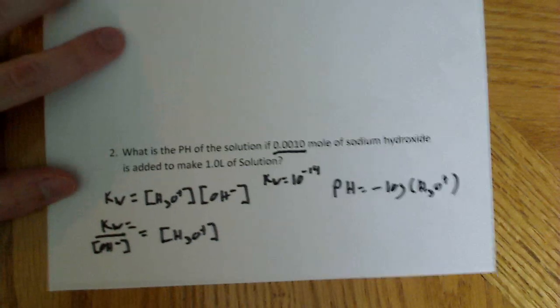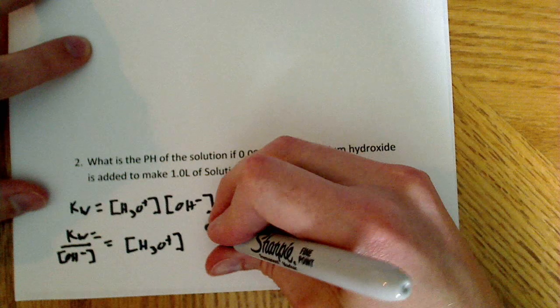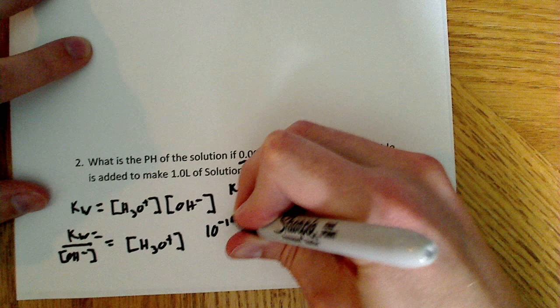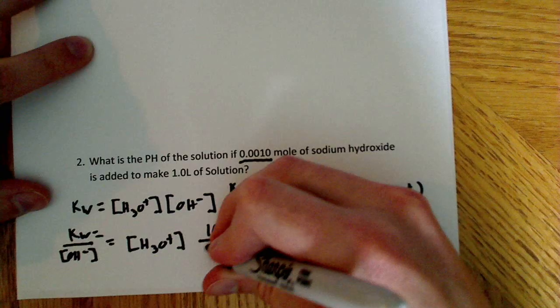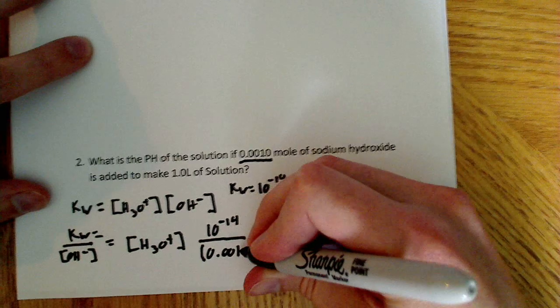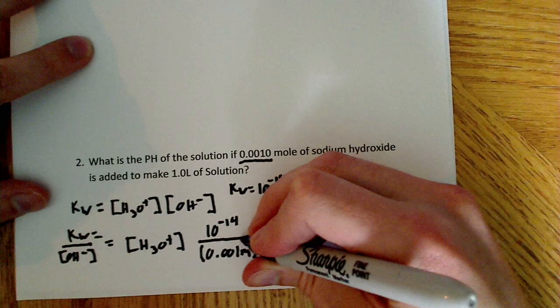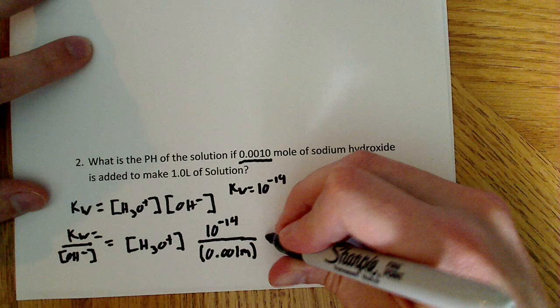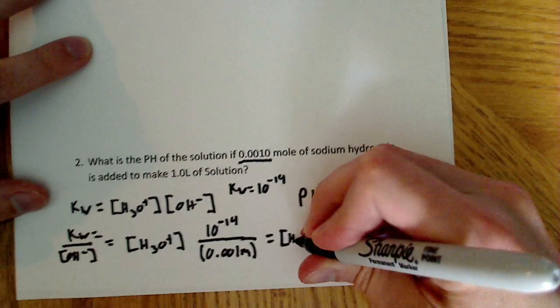So all we have to do is plug the numbers in: 10 to the negative 14 over 0.001 moles is equal to H3O+.